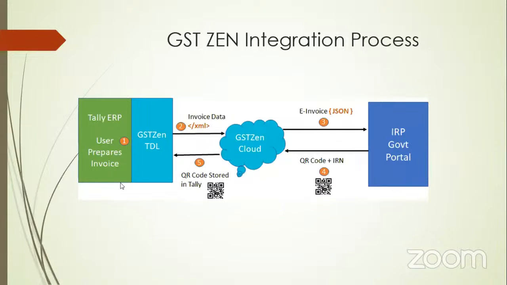So you create the invoice in Tally, then by just pressing a button, generate e-invoice, it would send the information to GST Zen Cloud, where it would be converted into JSON and sent to IRP. It will fetch back the information from IRP, and the information would be saved back to Tally. So you just have to press a button in Tally. It will generate the e-invoice and fetch the information. You'll be able to see the QR code, IRN, acknowledgement date and number in the PDF provided by Tally itself.